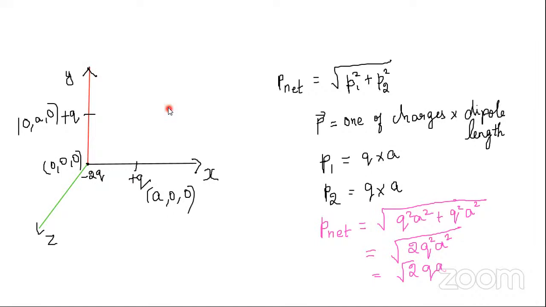Okay, now let us discuss that. What is the direction of electric dipole moment in a dipole in general? Please consider this is a dipole, and you have minus q here and plus q here.